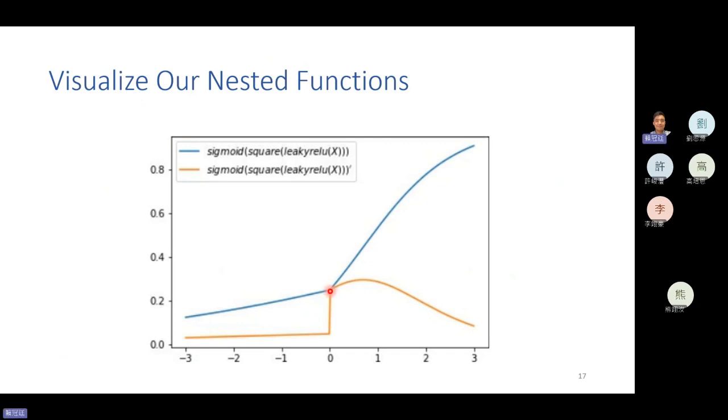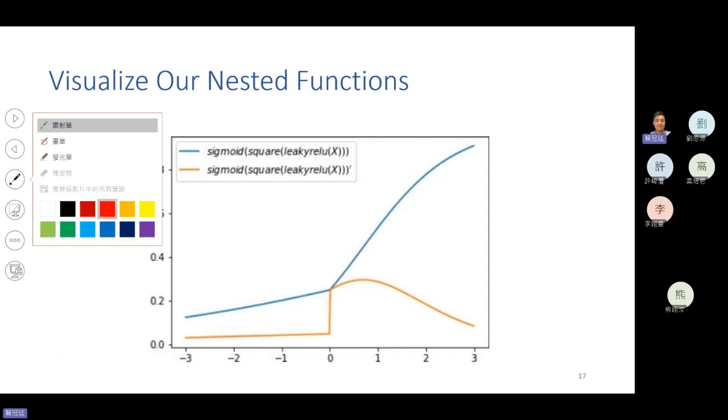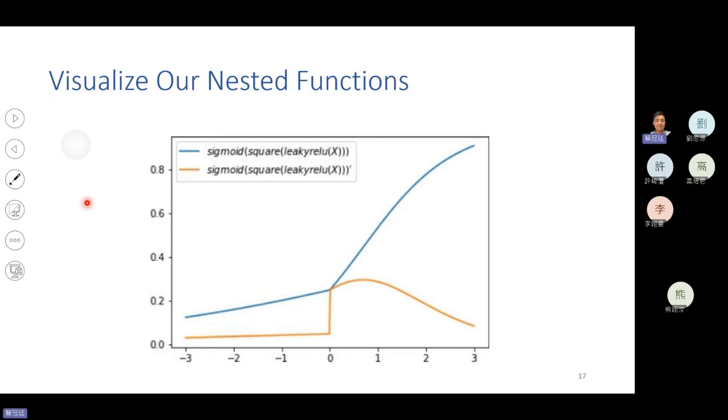Remember the ReLU function: y is equal to x if the input is larger than 0, and otherwise 0. The ReLU, the rectified linear unit, doesn't consider the input if it is less than 0. But leaky ReLU will have a small value if x is smaller than 0.